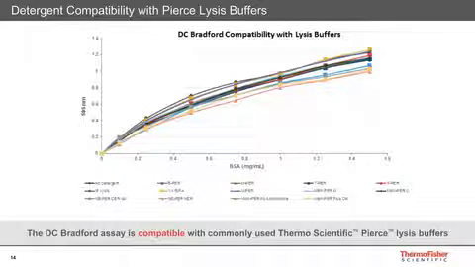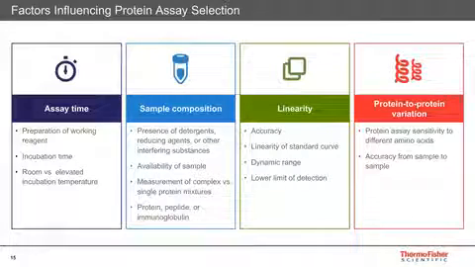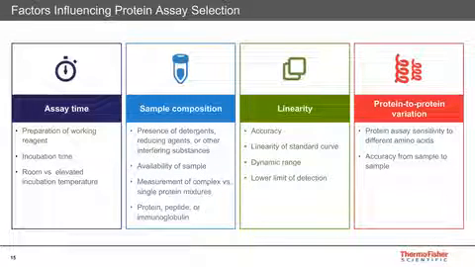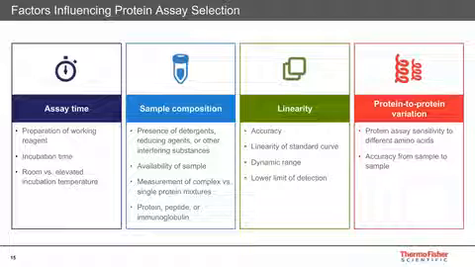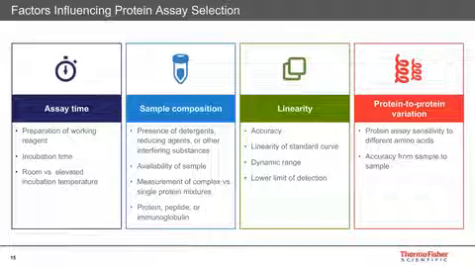So for all these detergents at these different detergent concentrations in BSA, we have a good calibration curve with BSA standards. We at Thermo sell a lot of lysis buffers, which are very popular, and using all these buffers, we see that our detergent-compatible protein assay is compatible with all of these lysis buffers.